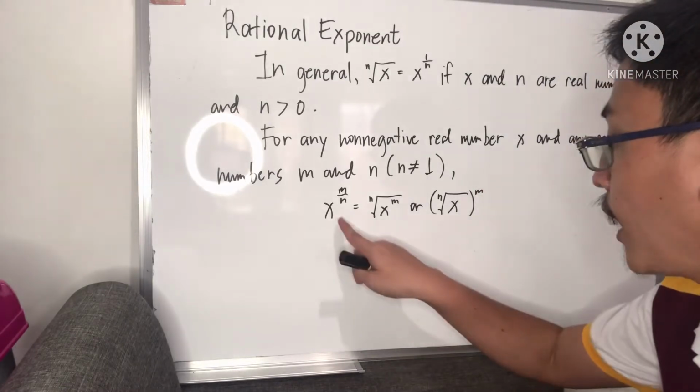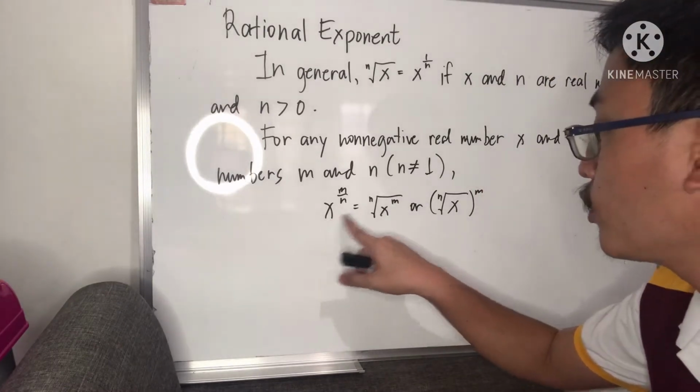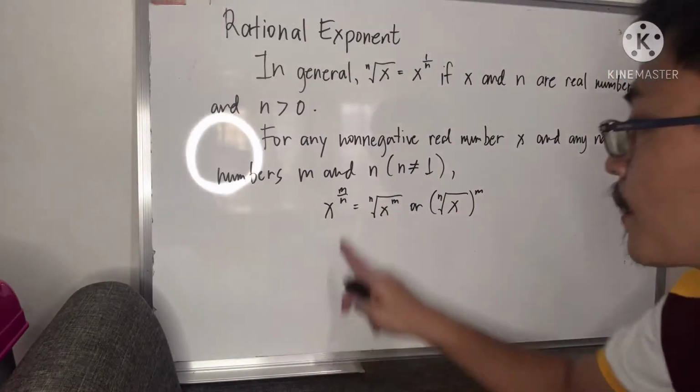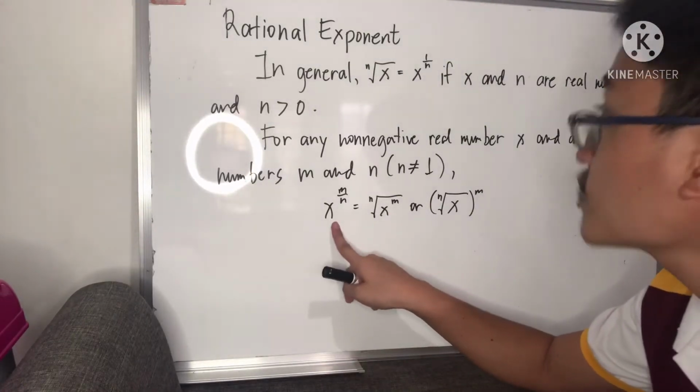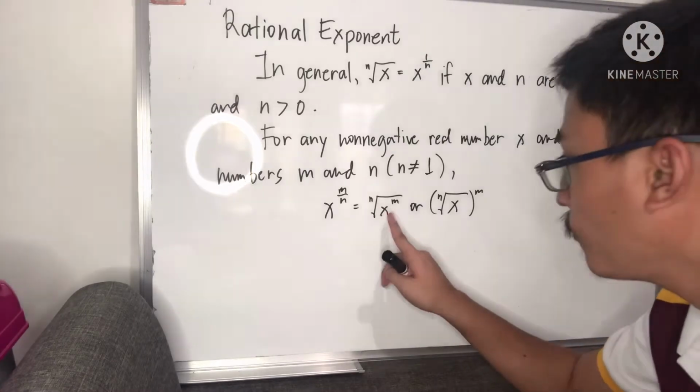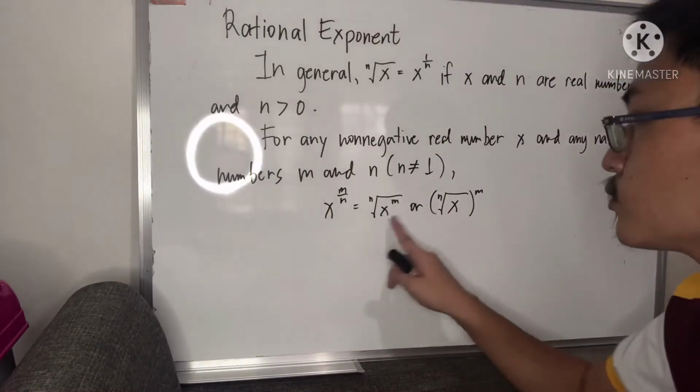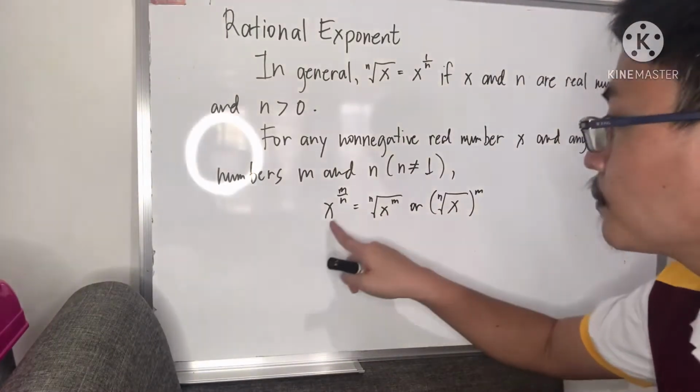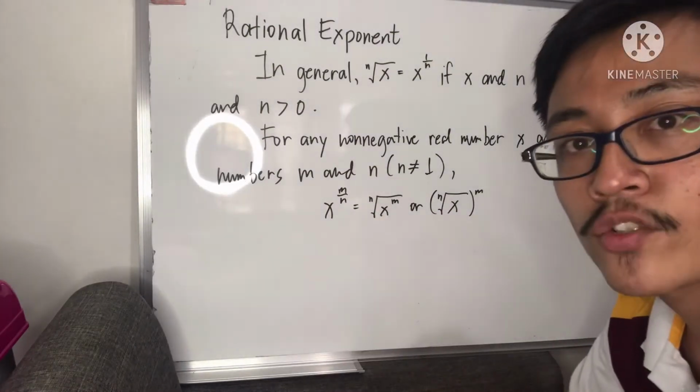So, this is how we're going to write rational exponents to radical form, like these two, or in radical form, pabalik dun sa rational exponents.